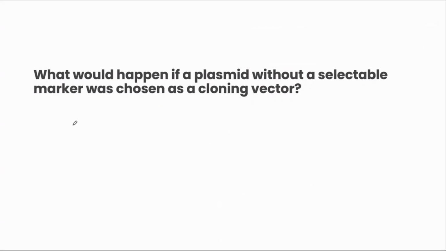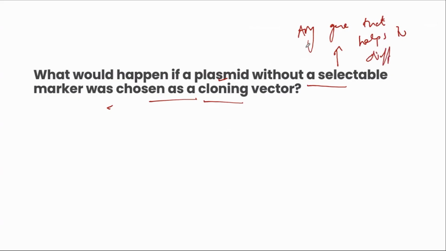Another question. What would happen if a plasmid without a selectable marker was chosen as a cloning vector? I hope you remember the selectable marker. A selectable marker is any gene that helps to differentiate transformants from non-transformants.